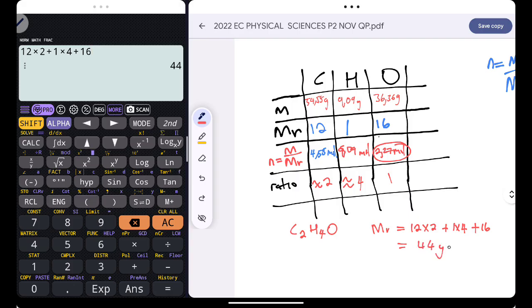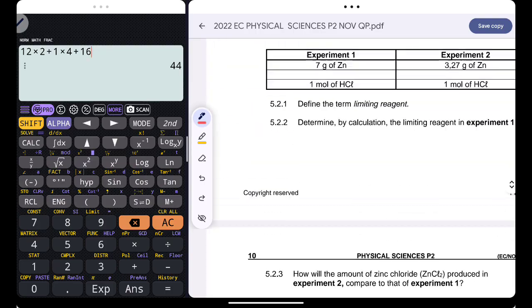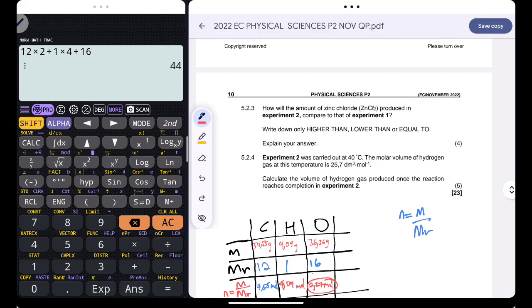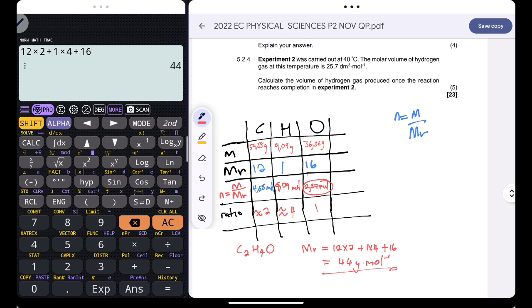I have 44 grams per mole, right? Remember that, guys. I was told by the statement that the molar mass of the compound is 2 times that of the empirical molar mass. This was the empirical molar mass, right? That means the compound's molar mass is going to be 2 times 44.